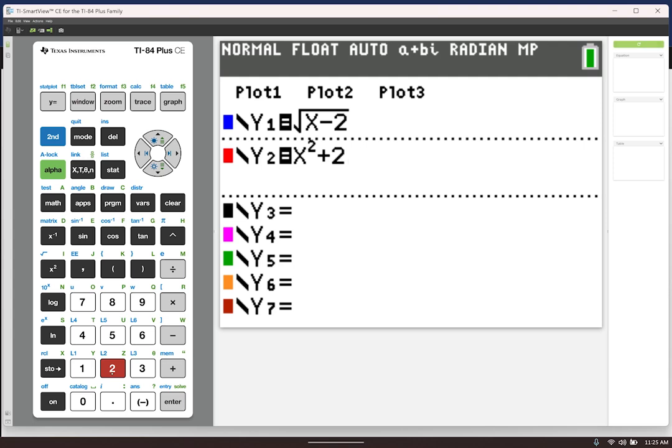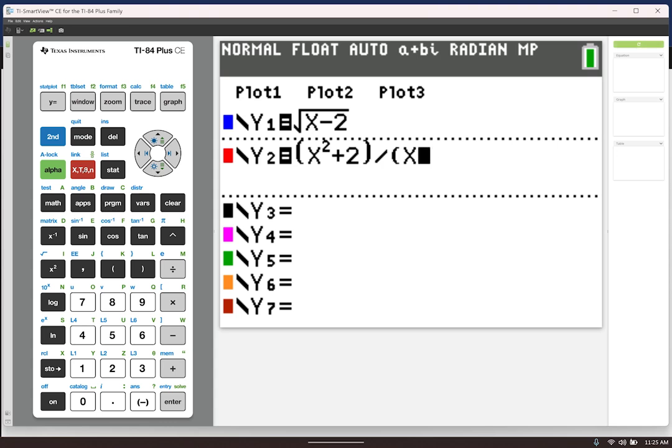So this is what we're going to do. We need to encase this in parentheses. So I'm going to go up here and insert the left parenthesis and then put a right parenthesis. And then you're going to put a division slash and then another parenthesis. And you're going to say that x has to be greater than or equal to 0. That's what we restricted our inverse to.